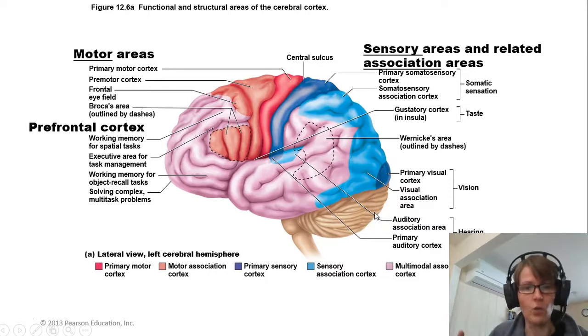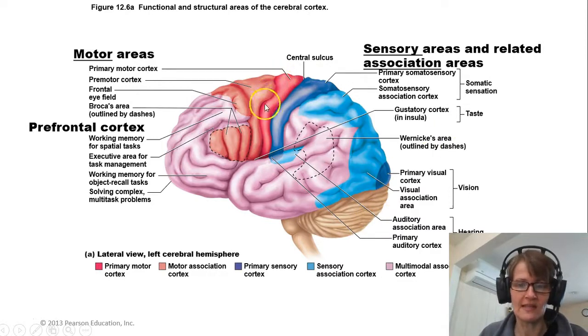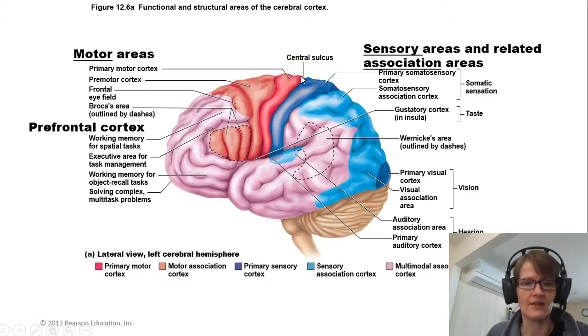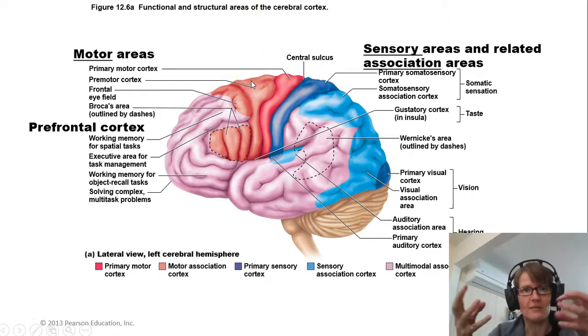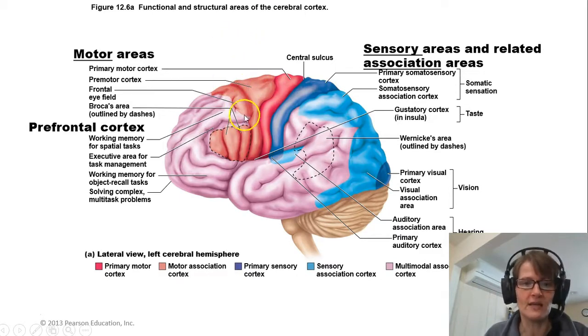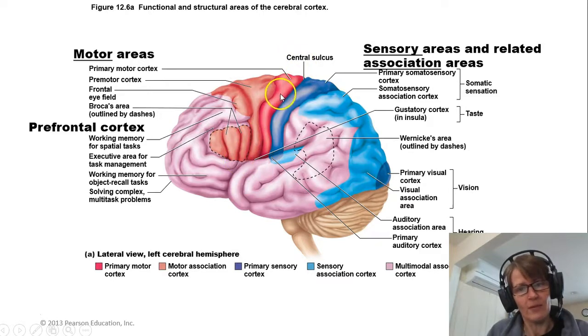But it's a coordinated effort. So there's the primary motor cortex, you fire these and particular muscles fire, but all that connection between the different muscles that are useful is done in that premotor cortex.